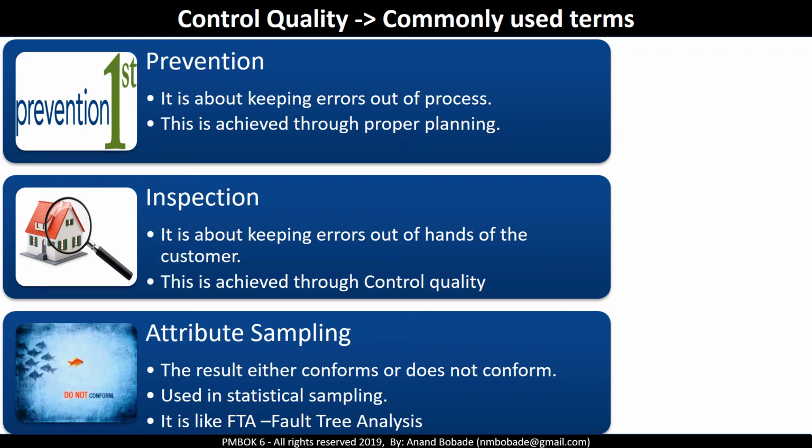You have identified product attributes and quality metrics during quality planning. During the control quality process, you will execute the scenarios and record the results. The results will either conform or not conform. So attribute sampling is used in statistical sampling. It is similar to FTA, that is fault tree analysis.